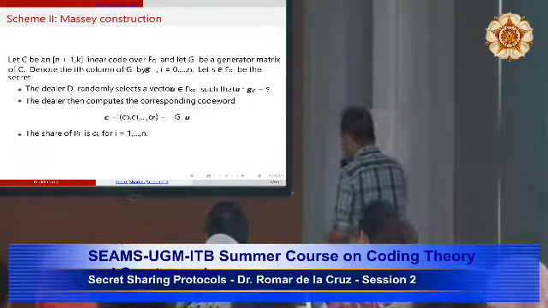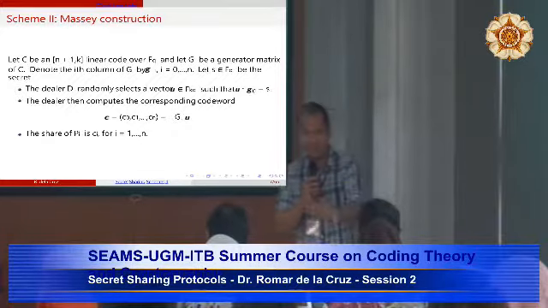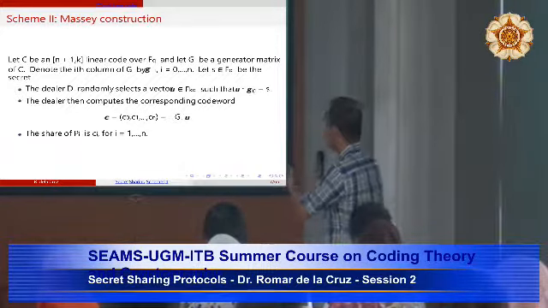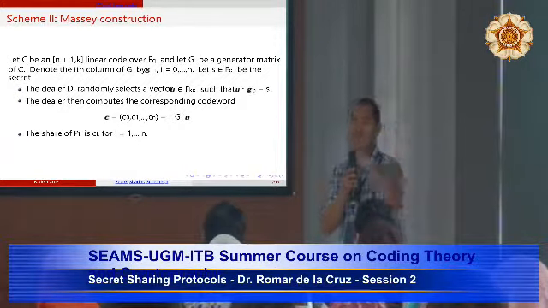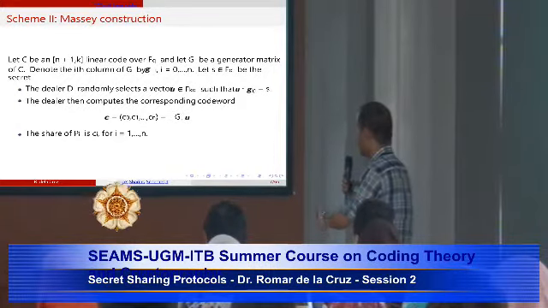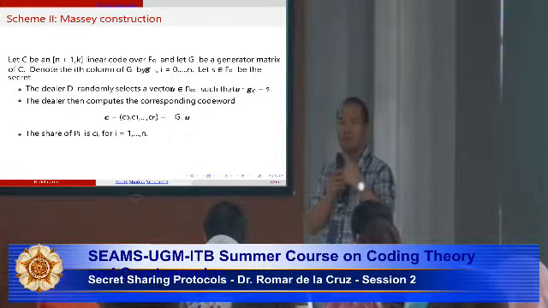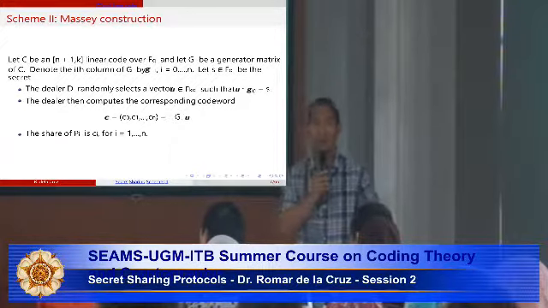So the share of P_i is c_i for i from 1 to n. If you compare with the first construction, in the first construction all the coordinates are the shares, but for this one you reserve the first coordinate for the secret, and the other coordinates are for the shares.